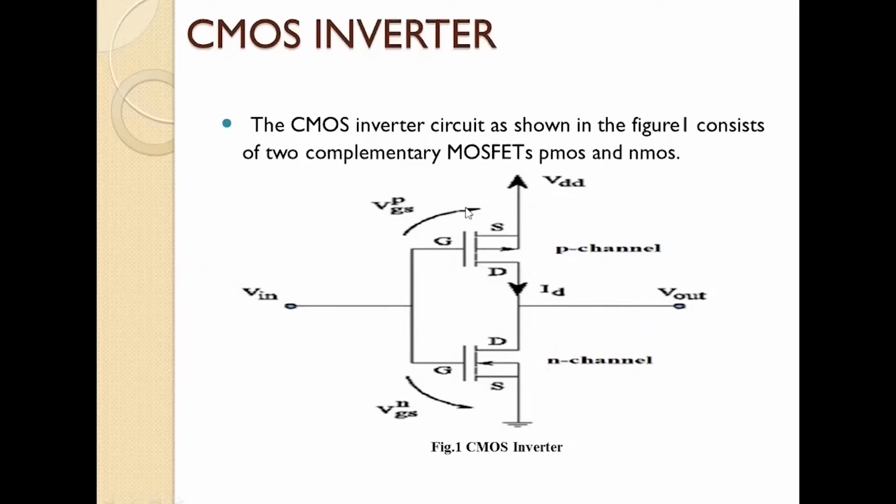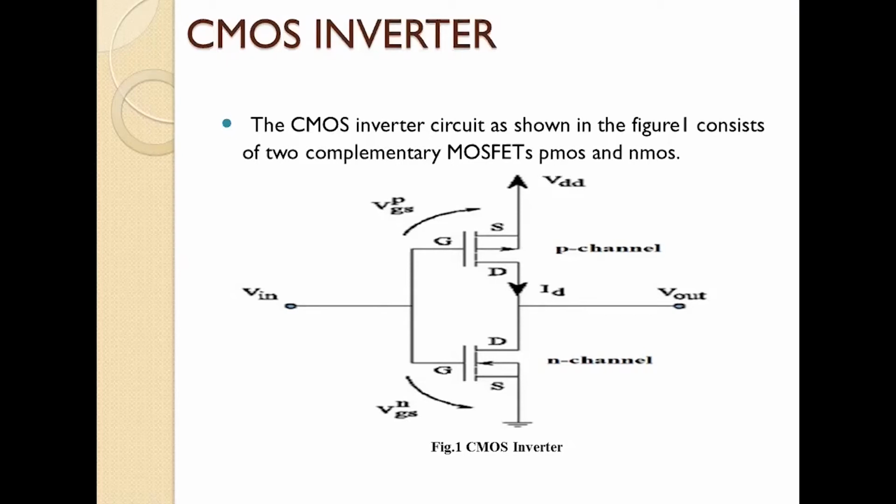The gate terminal of your PMOS and the gate terminal of your NMOS are connected together to make a terminal called the input terminal. That is nothing but Vin. Clear? This is the explanation of your CMOS inverter circuit.